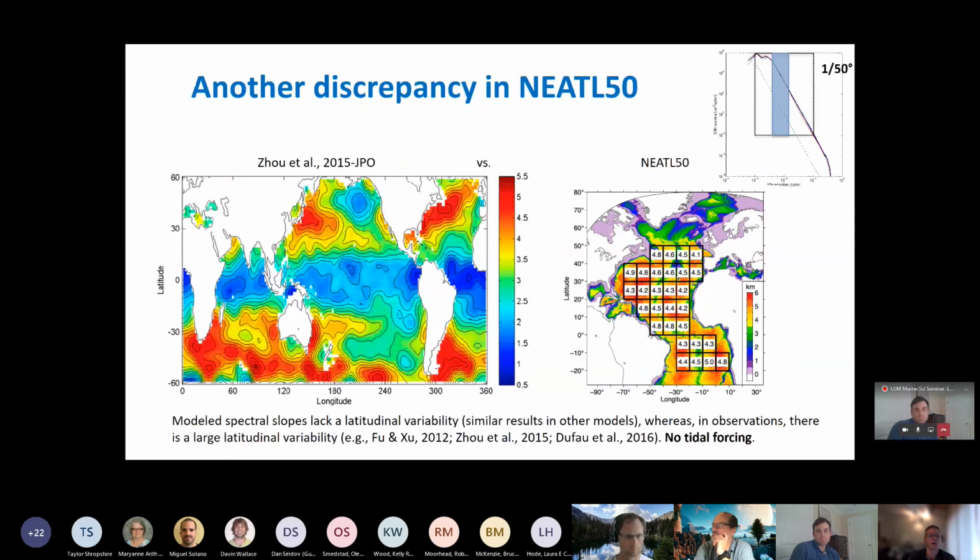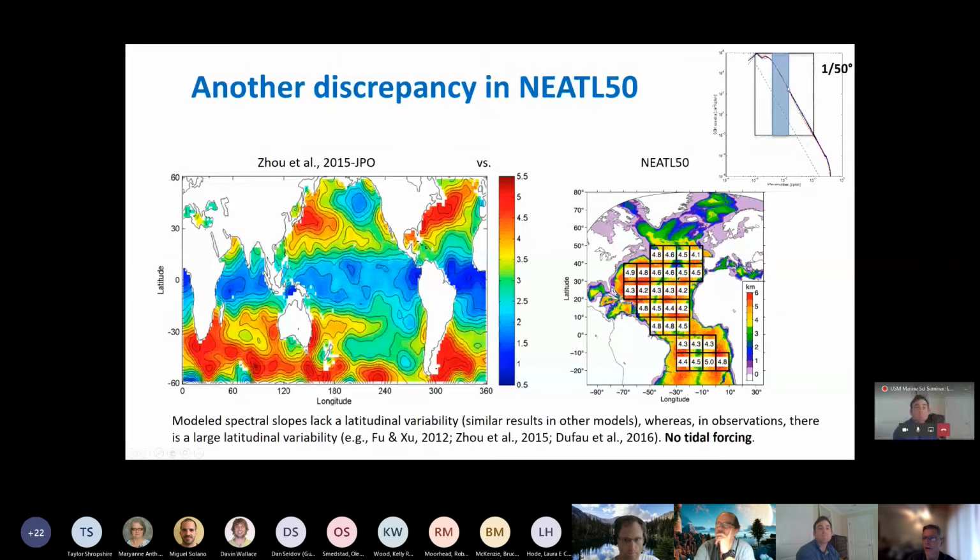The other thing I wanted to bring up, that we've been working on for the past year or a couple of years, is that there is another discrepancy in the base simulation. If we go back to the sea surface height spectra, and we're interested in the mesoscale range from 70 to 250, we look at the slope.